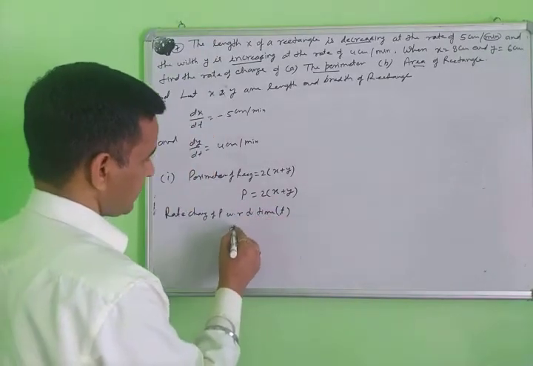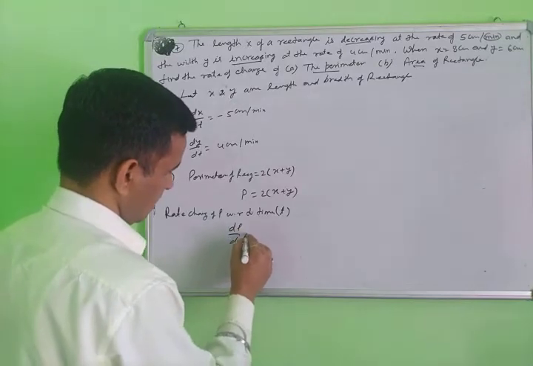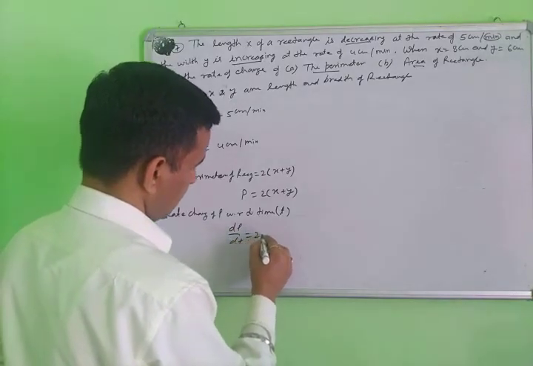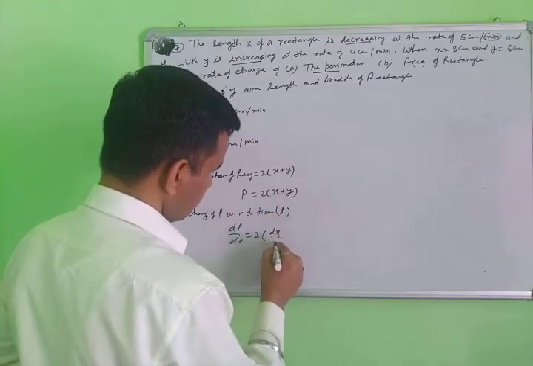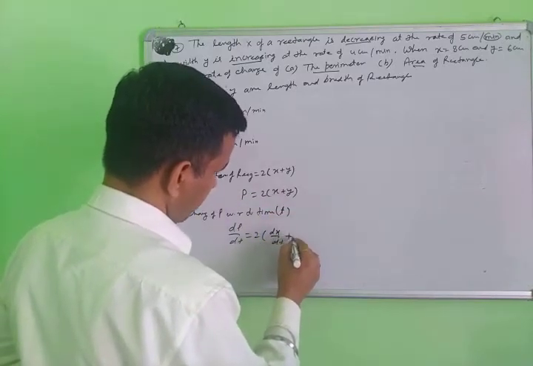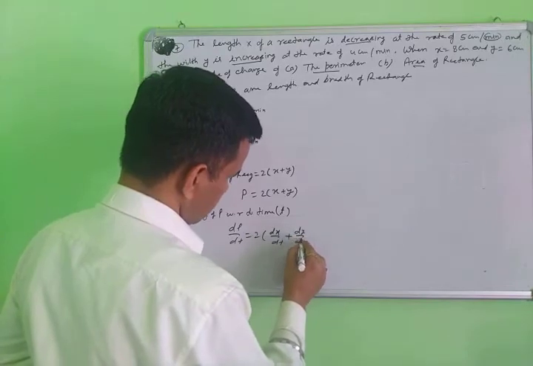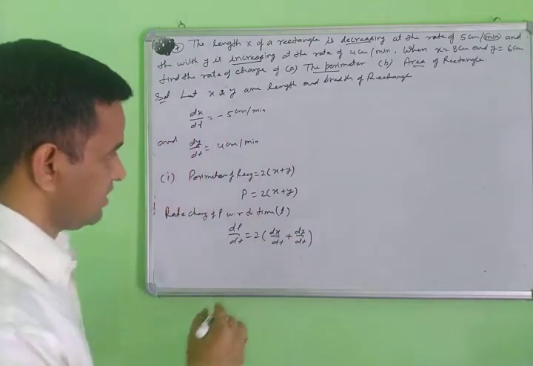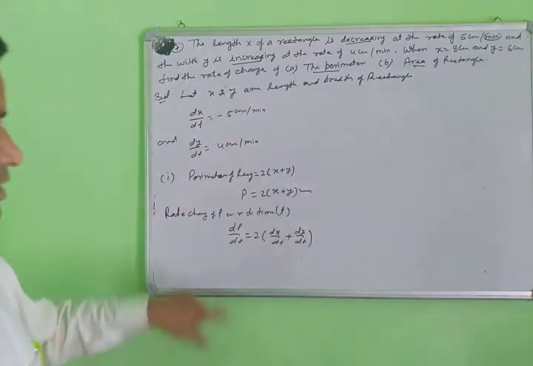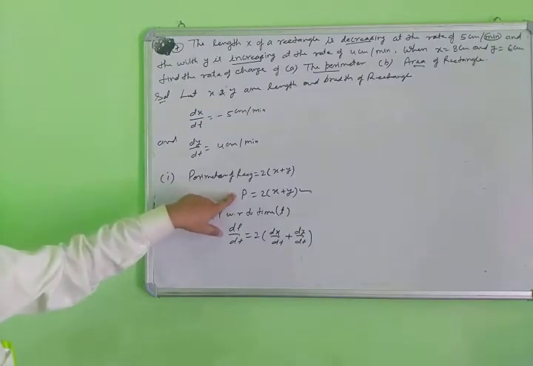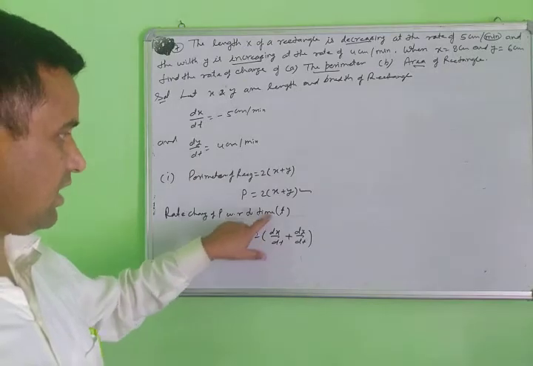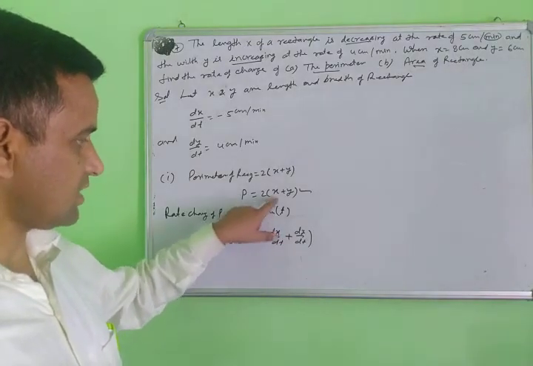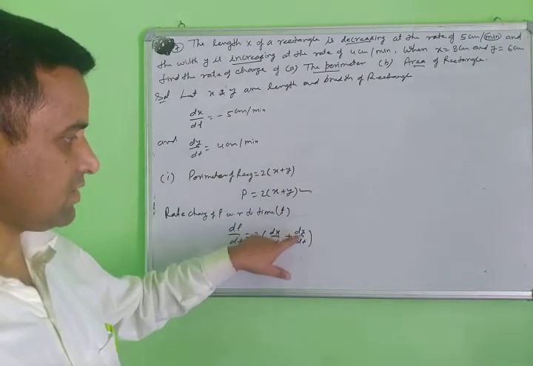So now you write dP over dt equals 2, and differentiate: dx over dt plus dy over dt. The rate of change of the perimeter P, dP over dt, equals 2 times the derivative of x, dx over dt, plus the derivative of y, dy over dt.